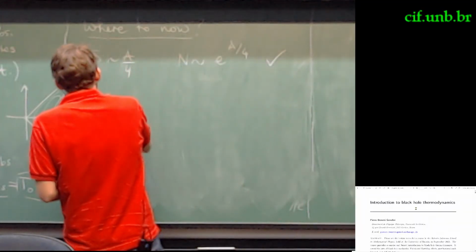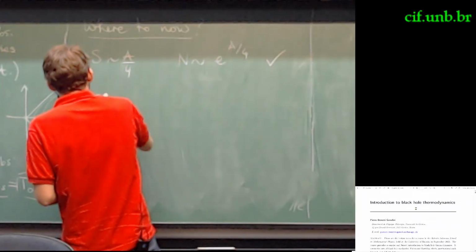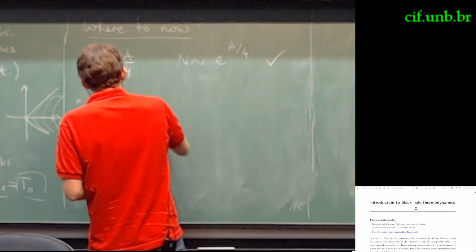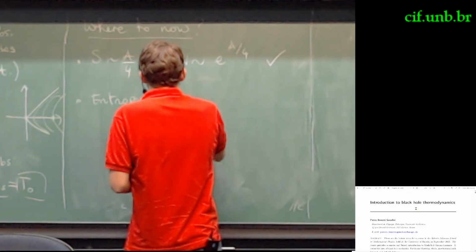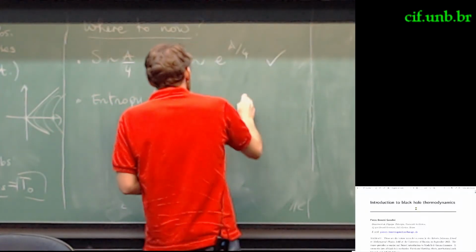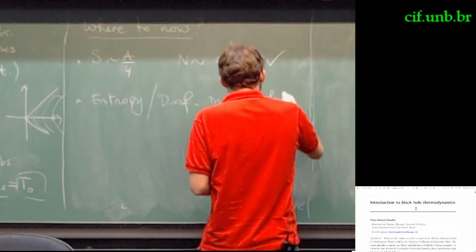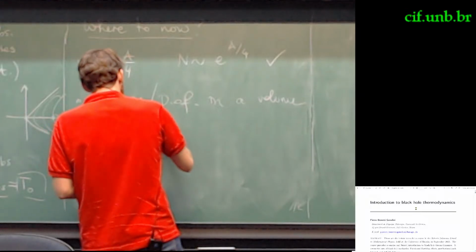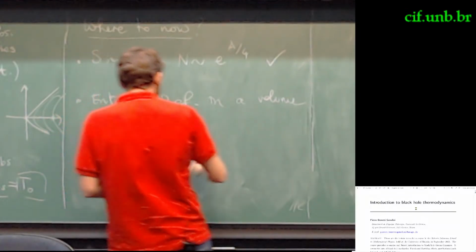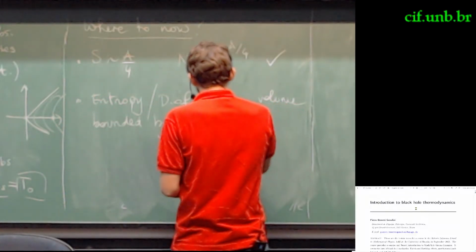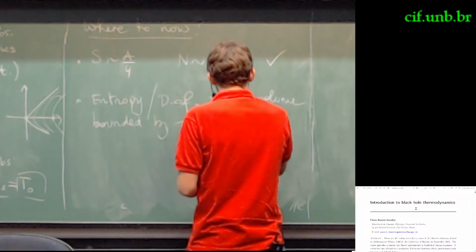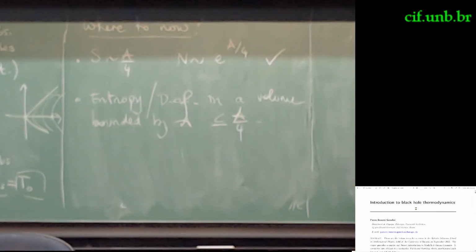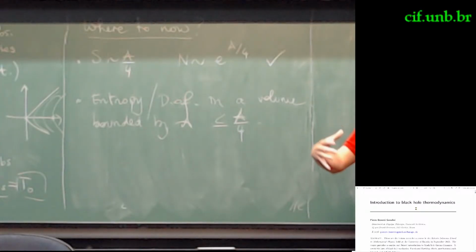So the entropy, or the degrees of freedom, in a volume bounded by area A is bounded by area over 4. Because if I have too large a number of degrees of freedom, then the gravitational attraction between them will create a black hole.